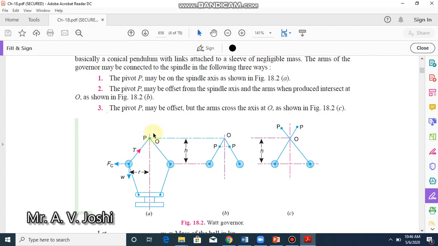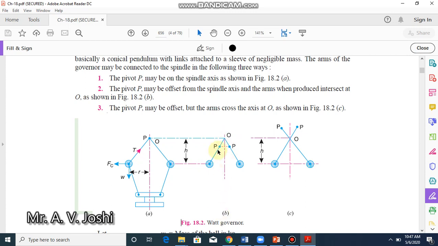This first arm and second arm are directly connected at the center axis of the spindle. And these two arms are also assembled with the fly balls of the governor. This is the first arrangement, and for the second one, look at the second diagram, diagram B.